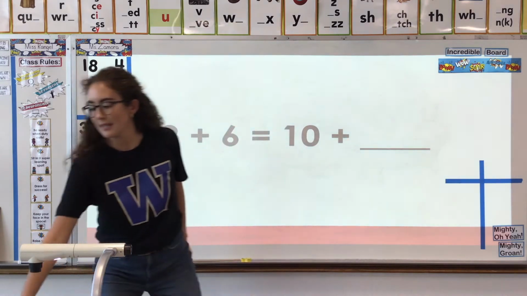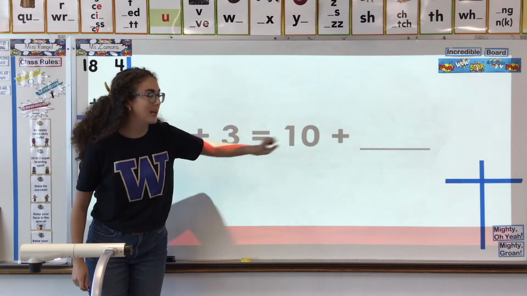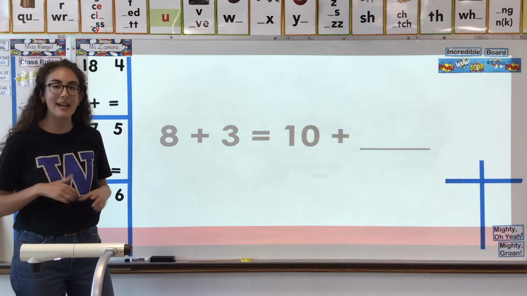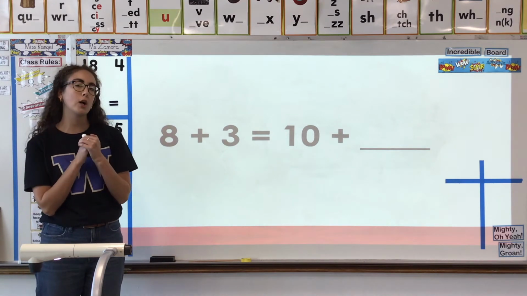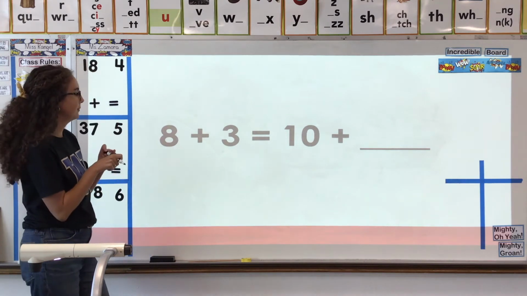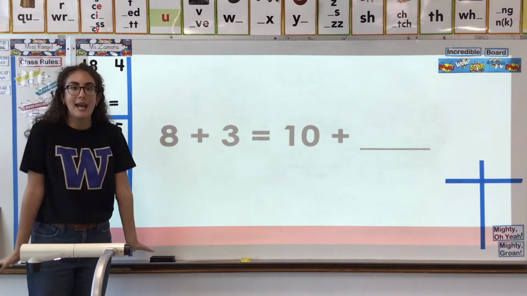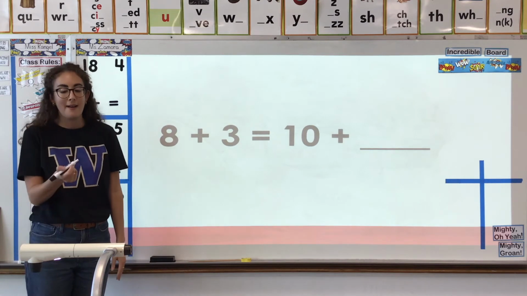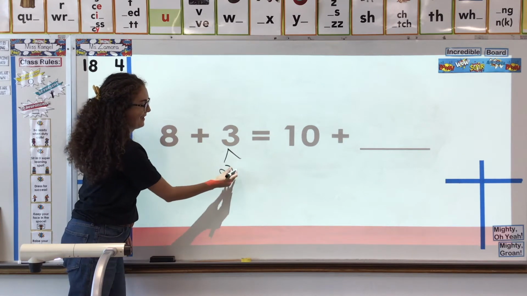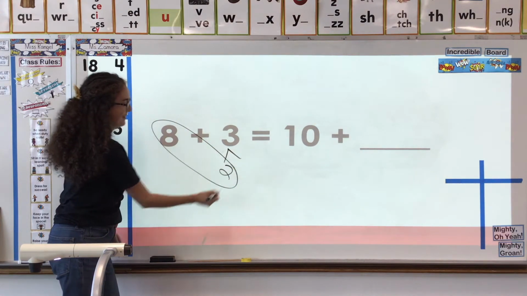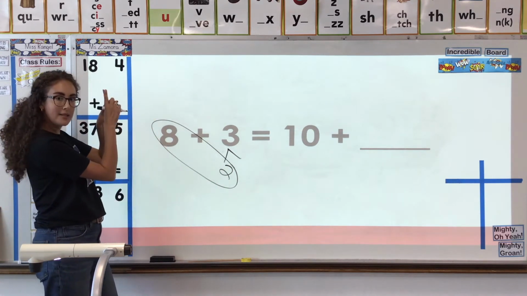So, let's solve 8 plus 3 by turning it into a 10 plus fact. How are we going to do this? What would be the equal equation? We have to turn 8 into a 10. How do we do that? We take a 2 to turn 8 into a 10 because they're pairs.